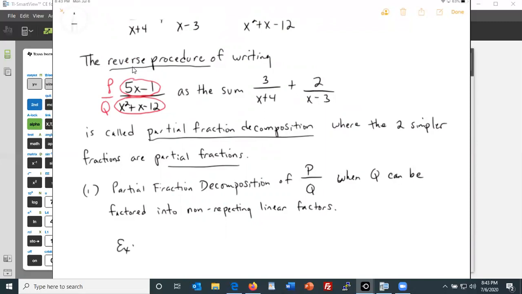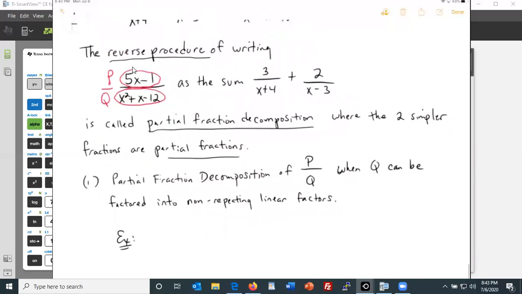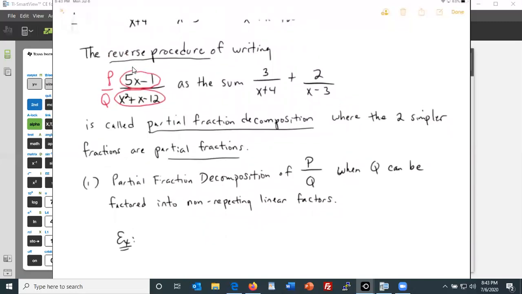So an example would look like this. Suppose our numerator is, well, in fact, the example above is a perfect example. So if we take that 5x minus 1 over x squared plus x minus 12. So here, remember, we're focusing on Q. Q is the denominator, and we want to factor it. So if we factor this, we get x plus 4 times x minus 3.